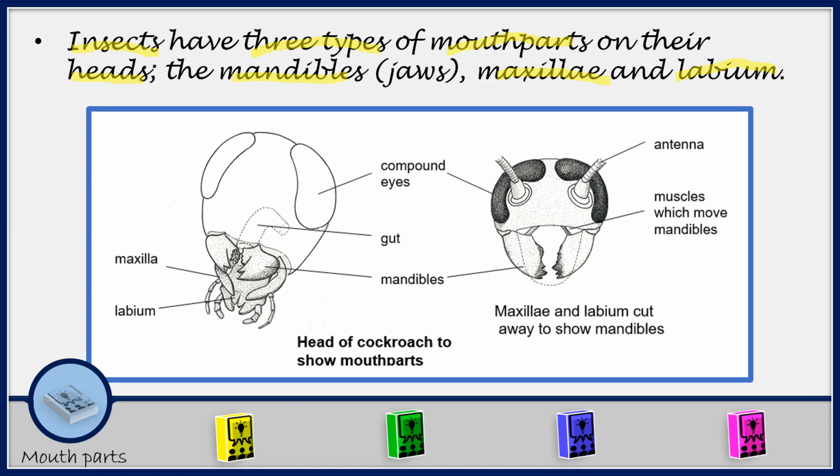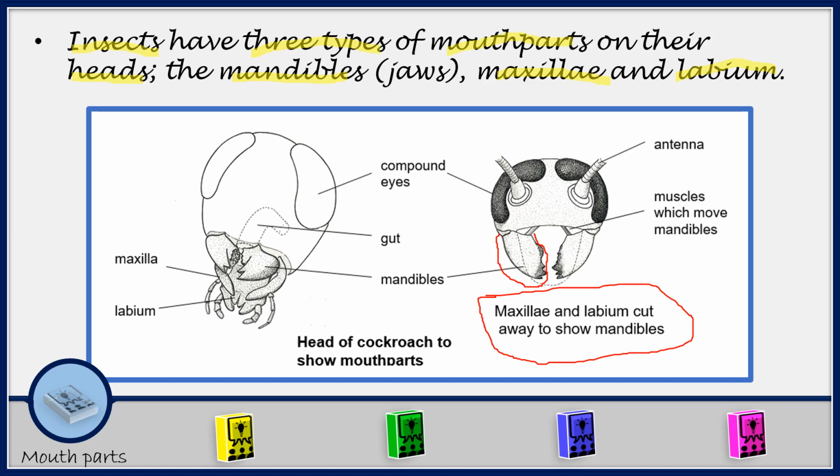So let's look at our structures. Here we have the head, where the maxilla and the labium have been cut away to show the mandibles. These ones that we are seeing here are the mandibles, and they are found on the head.